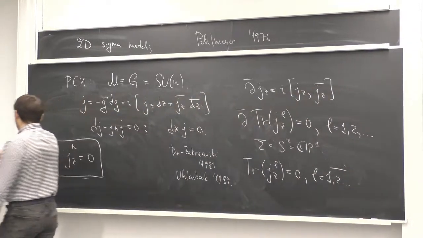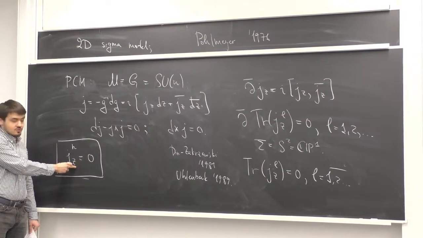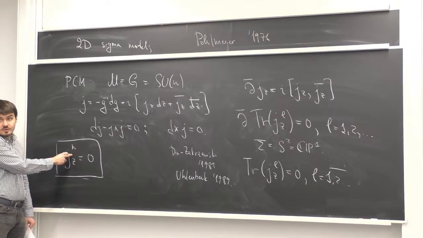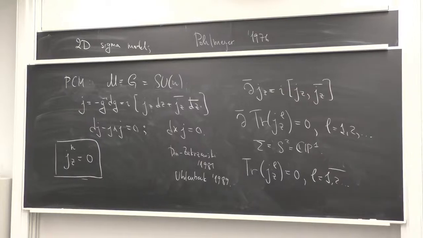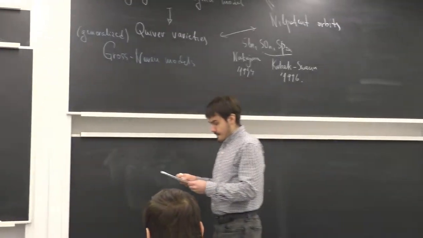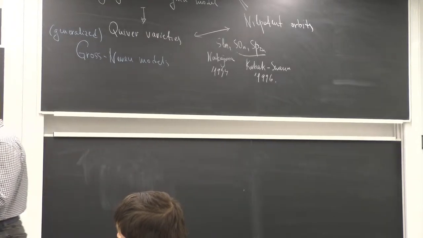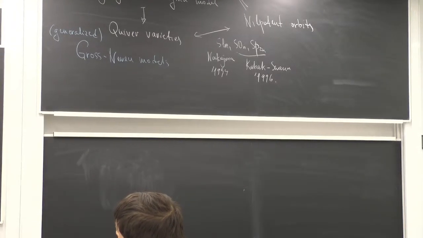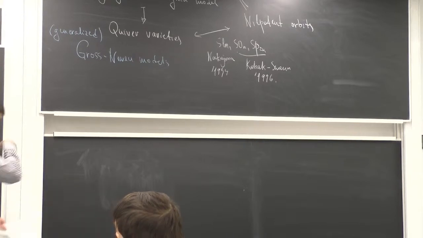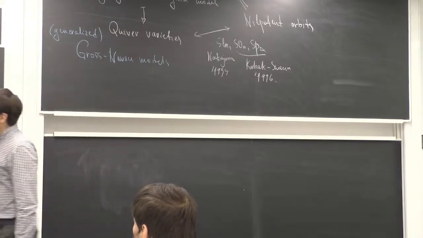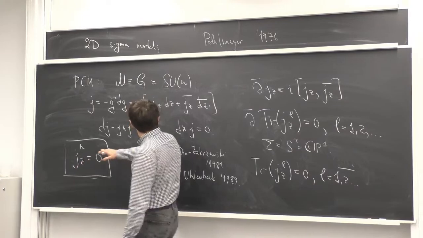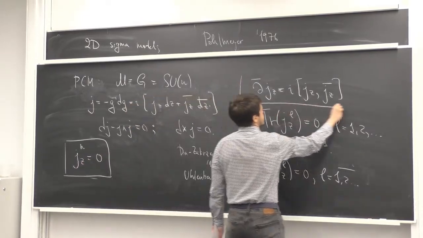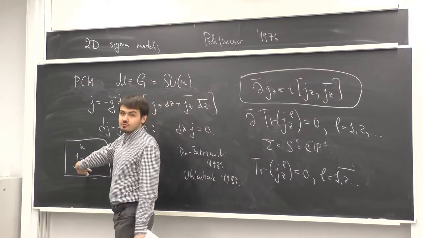This is the first instance of why nilpotent orbits come about, because this j_z is not a Hermitian matrix. It lies in the algebra sl(N, C). So it's a nilpotent matrix, an element of some nilpotent orbit of SL(N, C). The nilpotent orbit is defined by the Jordan type, and the nice property of this equation is that the Jordan type can only change at points on the Riemann surface.